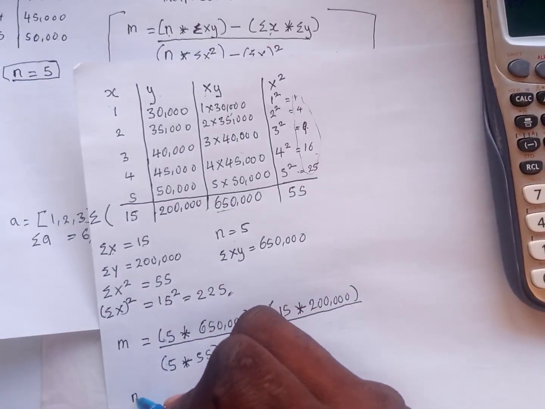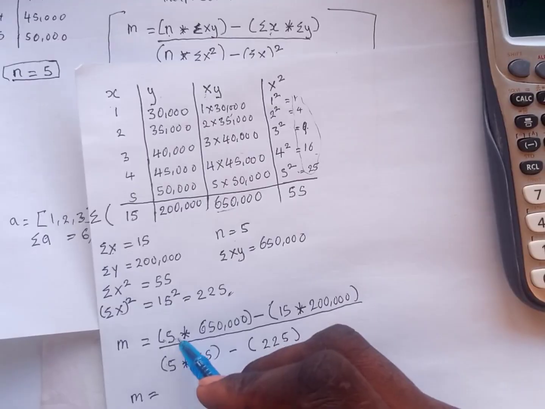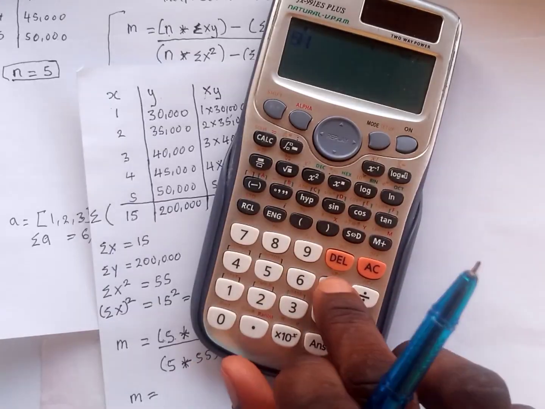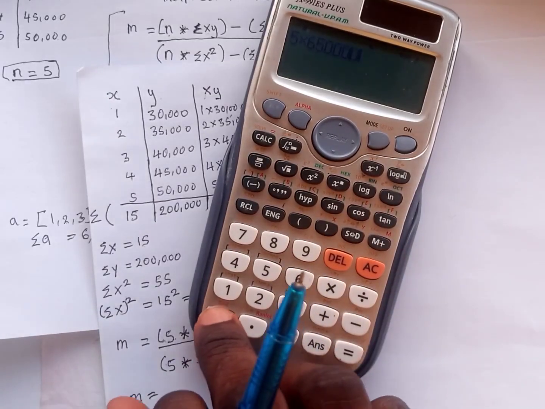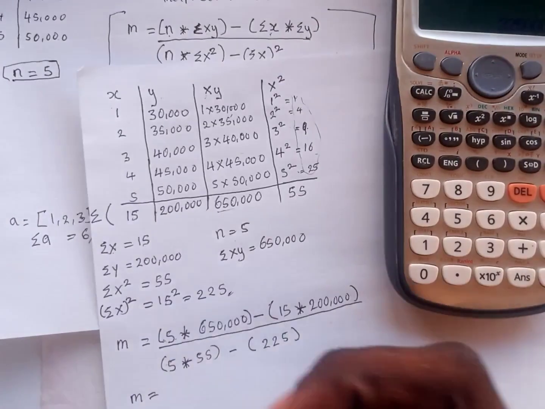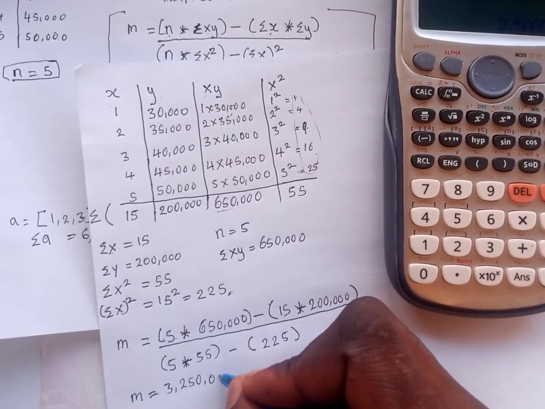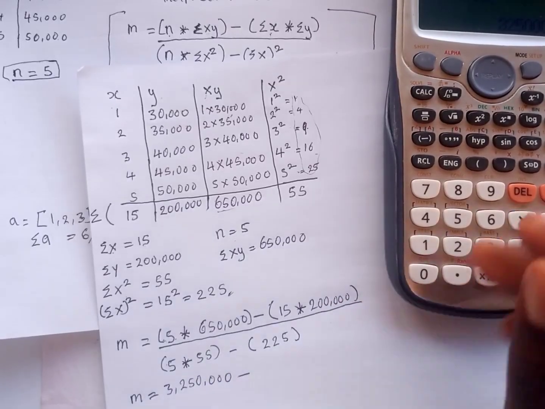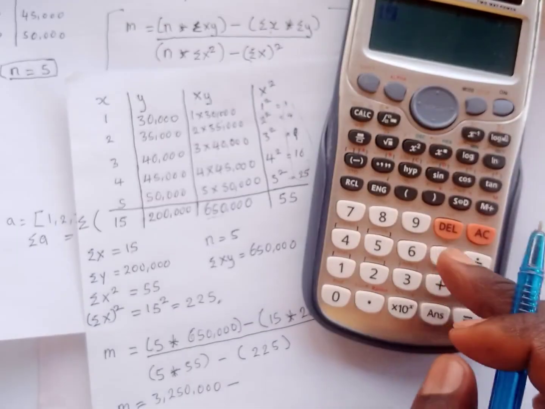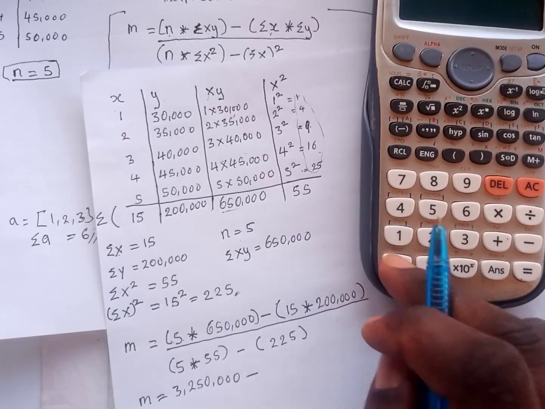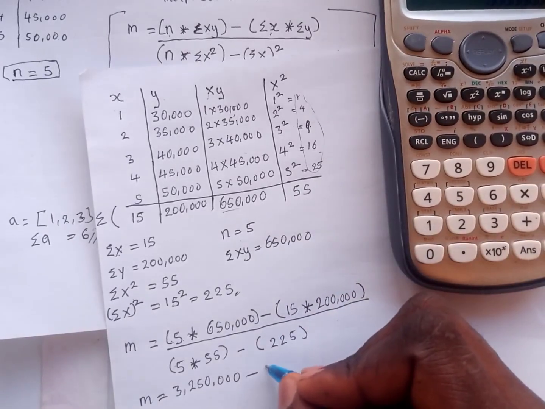So we're going to find our m. We know that 5 times 650,000 should be 3,250,000. And then we'll have 15 times the 200,000, which should give us 3 million.